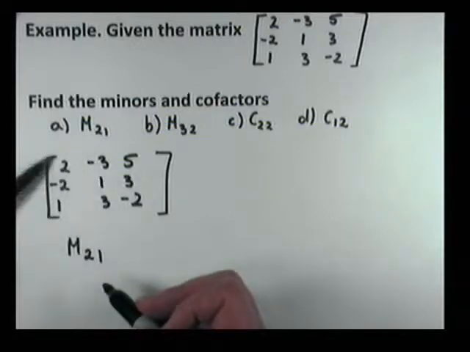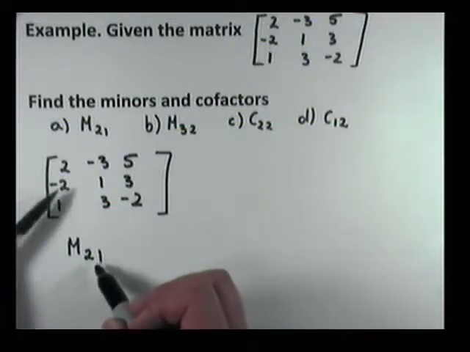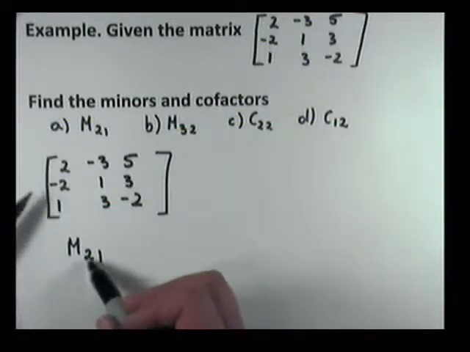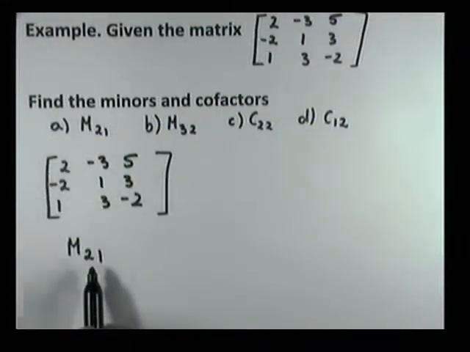Second row, first column is this number. So the minor of 2,1 is nothing else: you delete the second row and the first column, and then find the determinant.